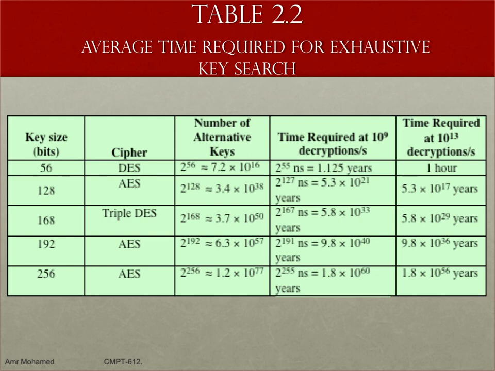The problem with DES and triple DES is that they are efficient in hardware, but they are not efficient in software. And that's because of the bit level manipulation, because we know that software is not good at bit level manipulation.